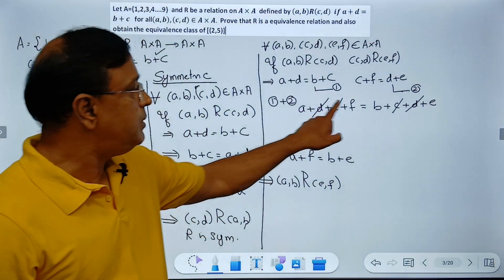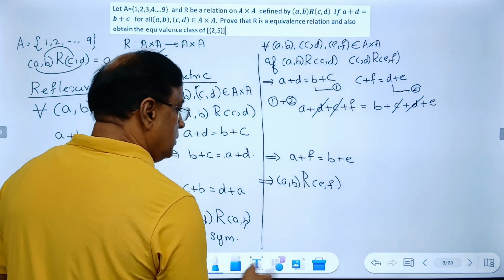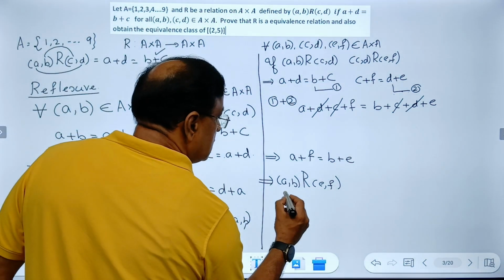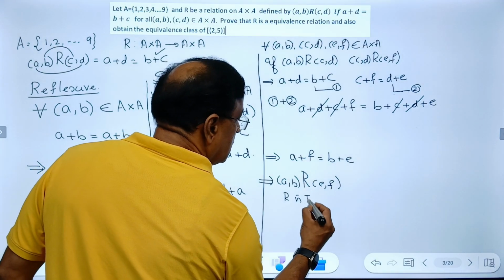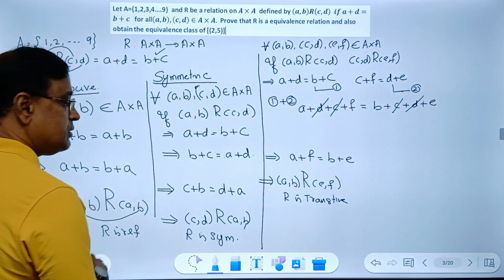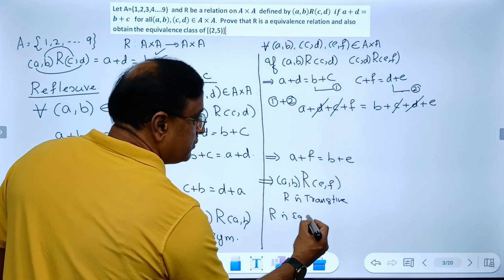You have got A plus F equal to B plus E. Hence proved. Correct? Fine. Therefore R is transitive. Once R is transitive, it was reflexive, symmetric and transitive. Therefore R is an equivalence relation.